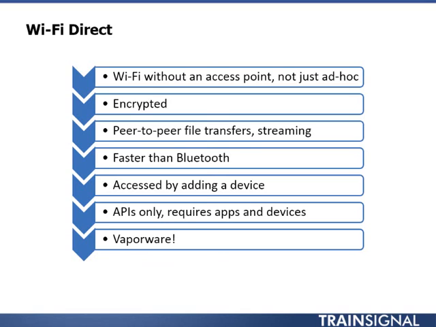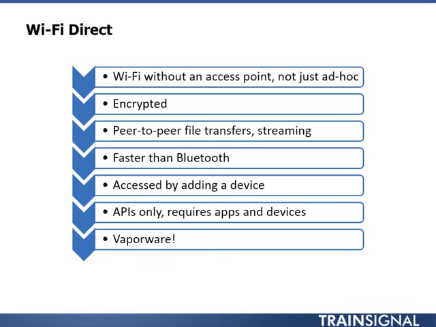API is an application programming interface. And basically, it's a little tool that an app could use, but it doesn't provide a user interface. So there's nothing right now you can do to take advantage of Wi-Fi Direct. You have to wait for some app developer to release a Wi-Fi Direct tool. Maybe there's something in the store now, but I couldn't find anything. And Windows doesn't have anything built in.